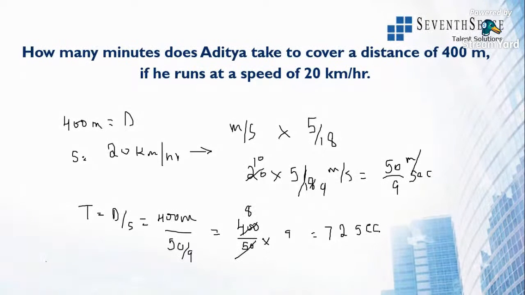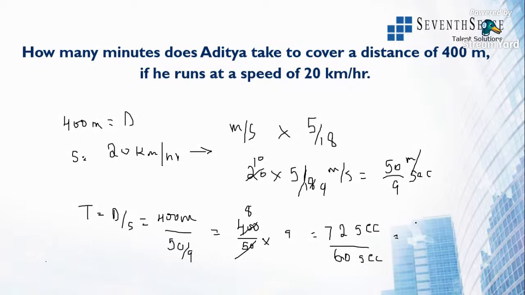Okay, 72 seconds. Now if you are converting seconds into minutes, divide by 60, because 1 minute is 60 seconds.